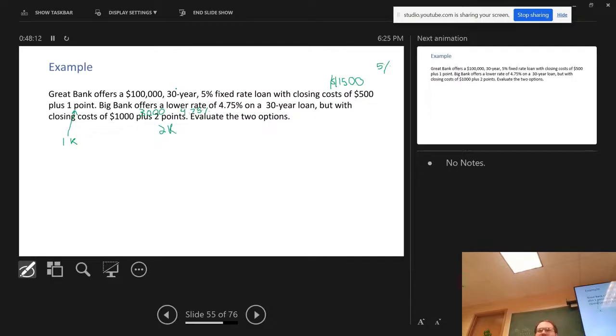So without doing the math here, what do you think the better choice would be?